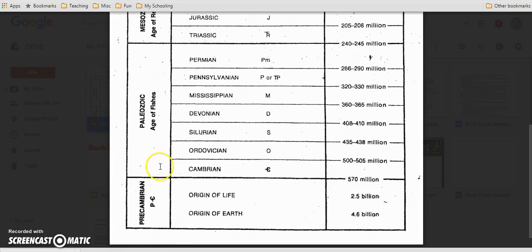Prior to that, Precambrian, we have really simple organisms similar to bacteria, single-celled organisms, right? Not very advanced. And that's 4.6 billion years, the age of the planet. 2.5 billion is really when you're seeing more origin of life, more of these single-celled organisms starting to pop up.